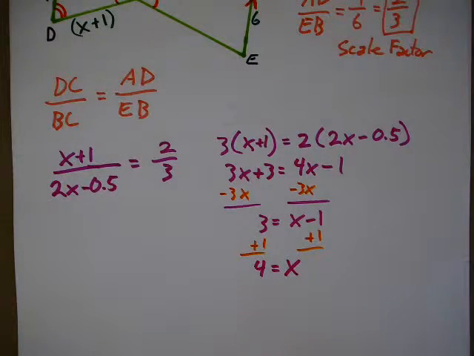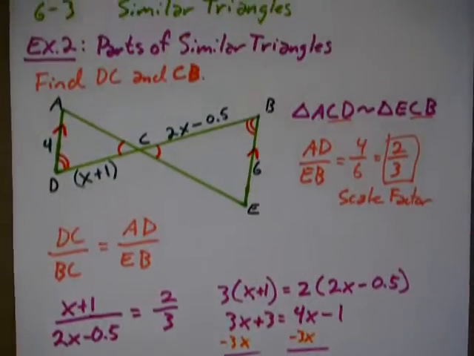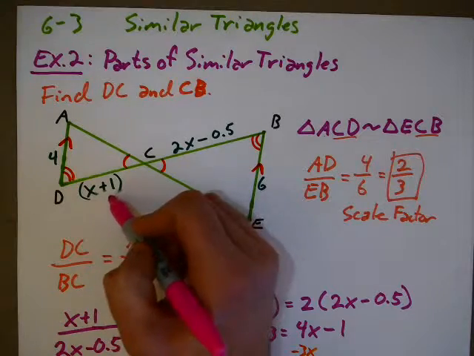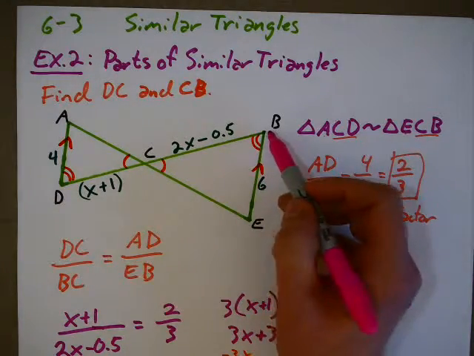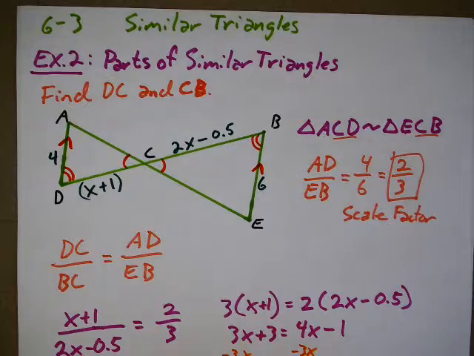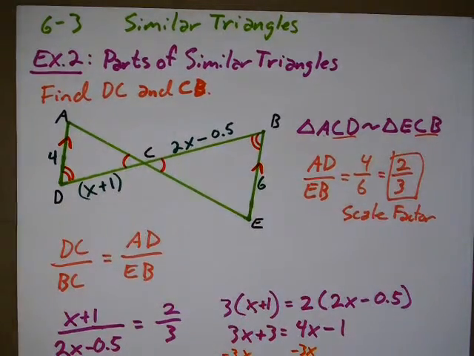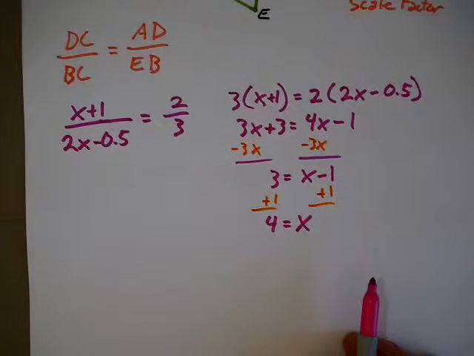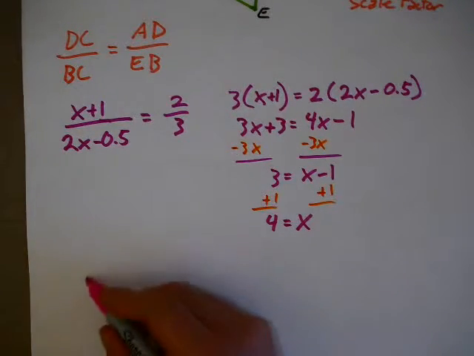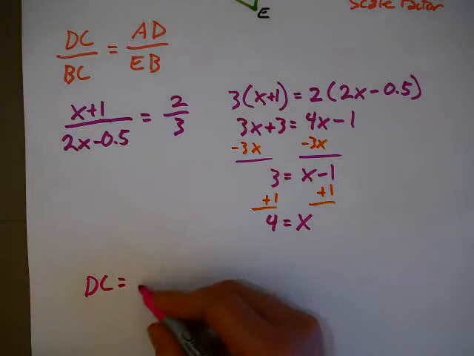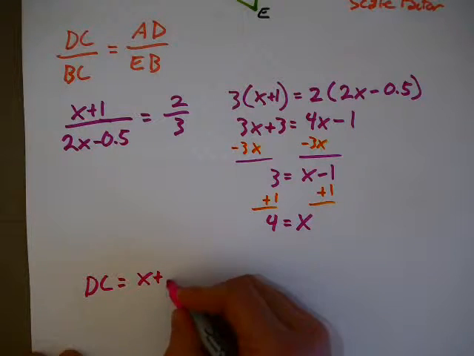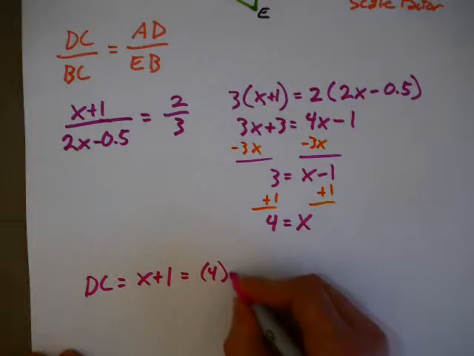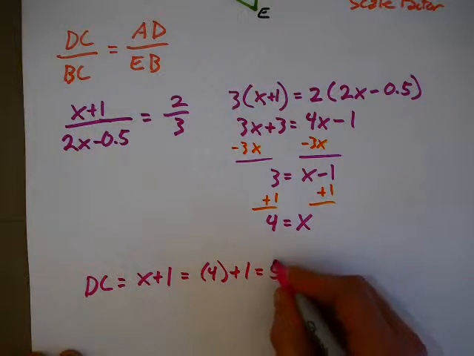But what they asked for, if you remember up top, scroll back up there, they asked for CD and BC. So all I have to do is take my x, which was 4, and plug it back into here. So, sorry for scrolling so much. If DC equaled x plus 1, then it's going to be 4 plus 1, which is going to be 5.